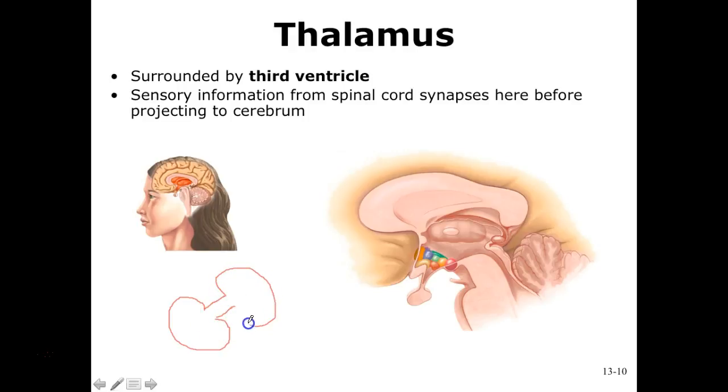This is what your thalamus really looks like. You have one on the left and one on the right. So the view that we're looking at here, we've basically sliced this in half. And that's why you see that little guy sticking out here too.